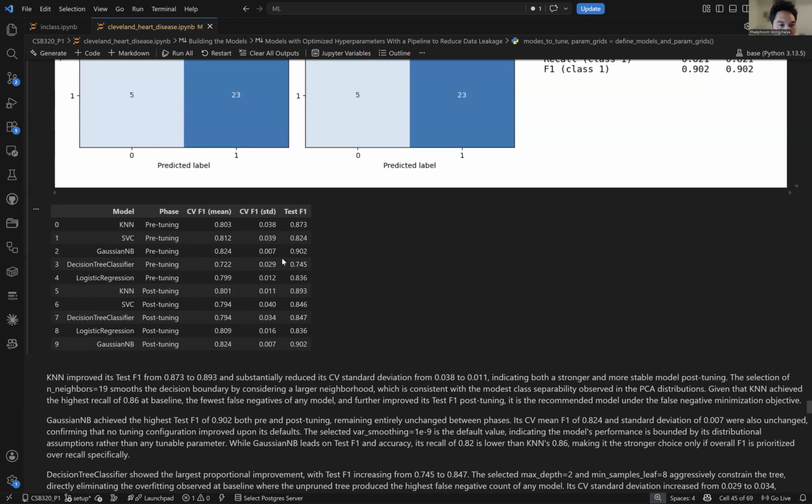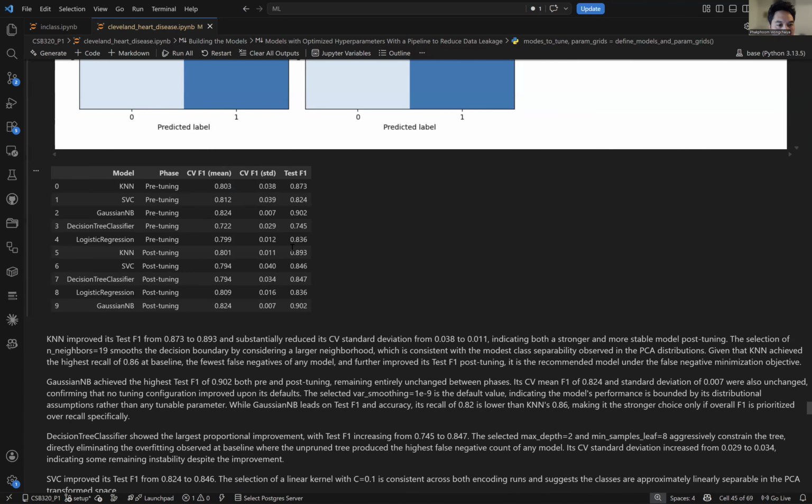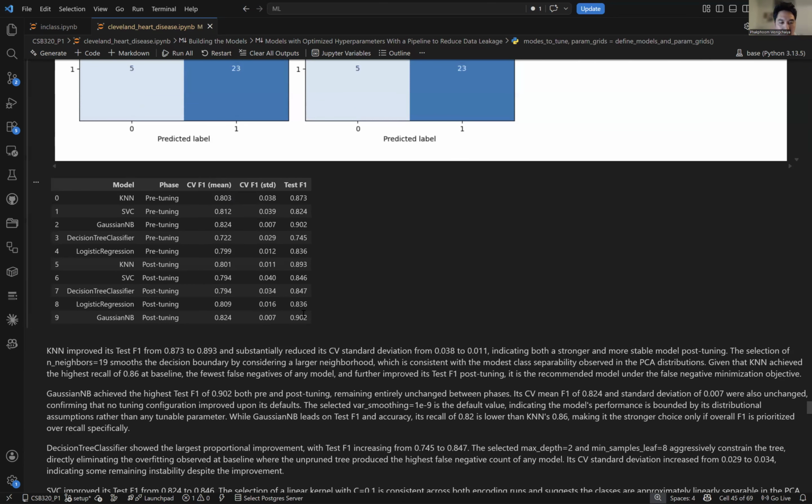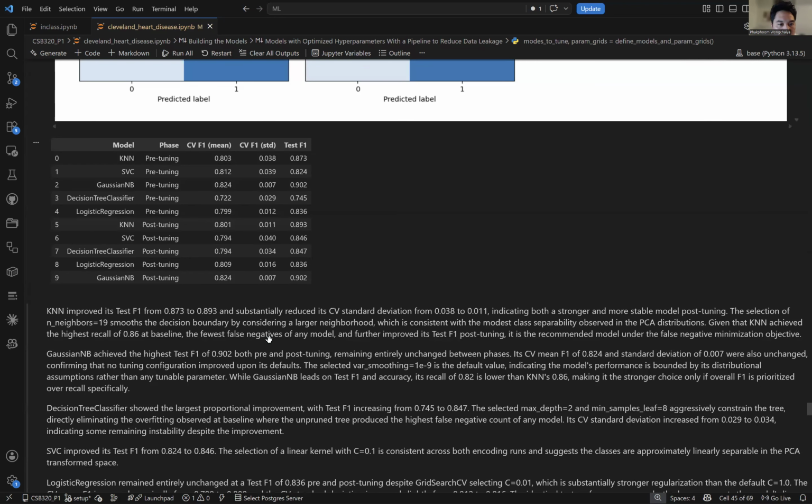There's not really any overfitting. However, the test F1 is higher than the mean, which could be a red flag, given there's such a large gap. But I'm not going to look into it for now. Maybe later. But overall, it's not underfitting. It's not overfitting. So it's doing an okay job at generalizing the data.